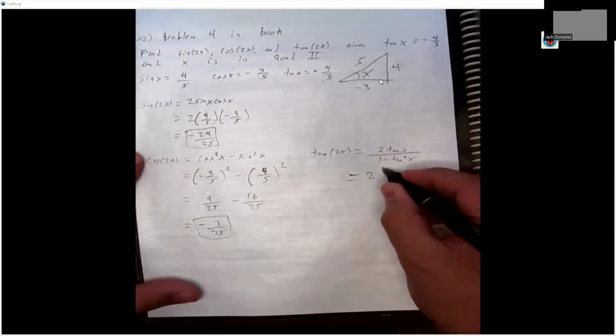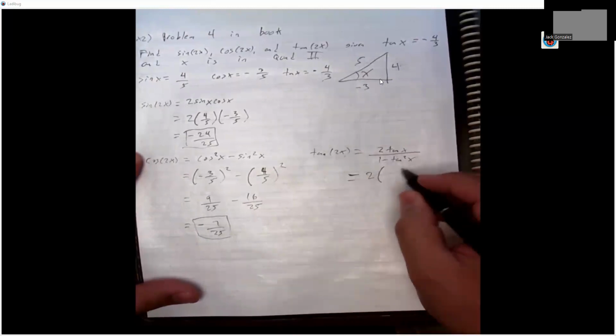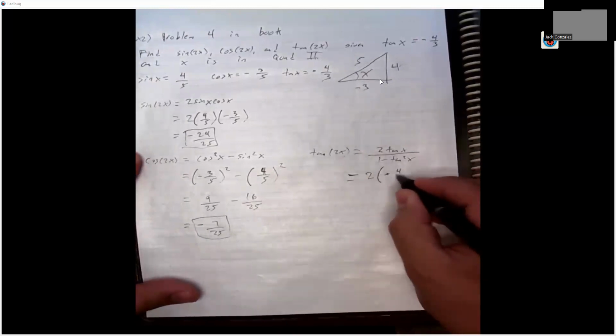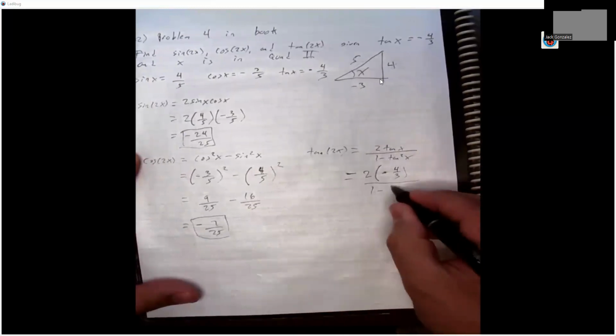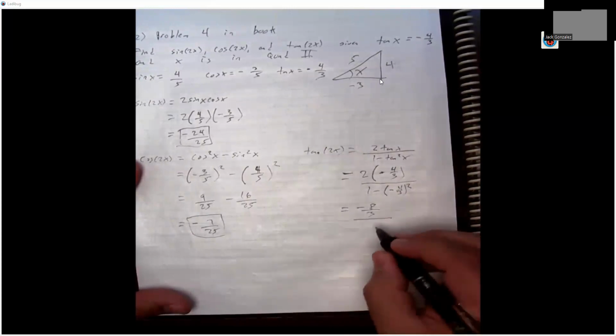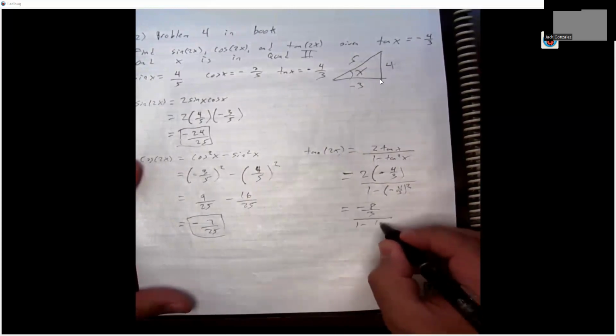So that will be 2 times -4/3 over 1 minus -4/3 squared, so that will be -8/3 over 1 minus 16/9.